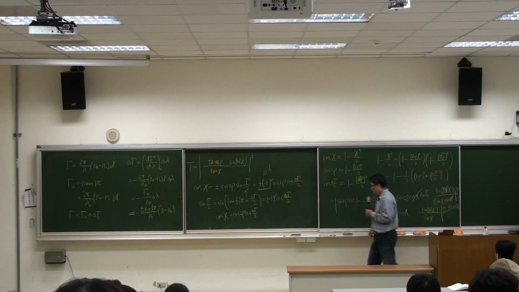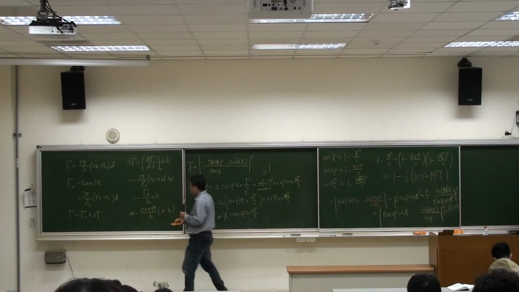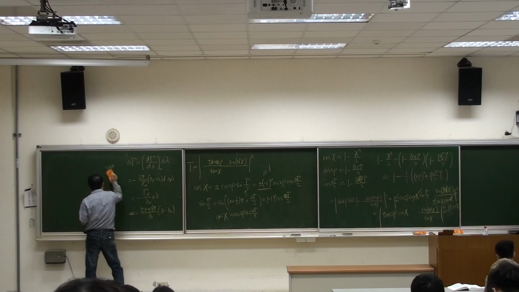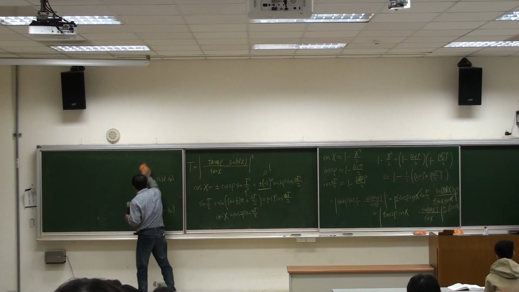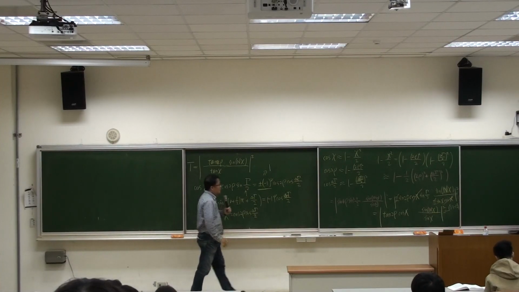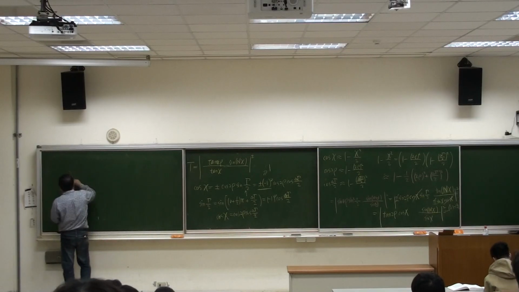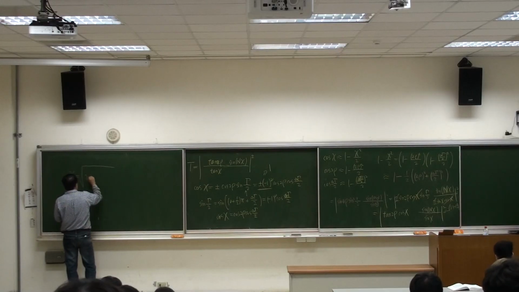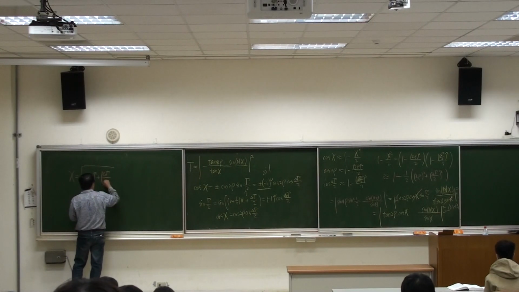Okay, so this means that now chi can be written as square root of 2 rho squared plus half delta gamma squared.